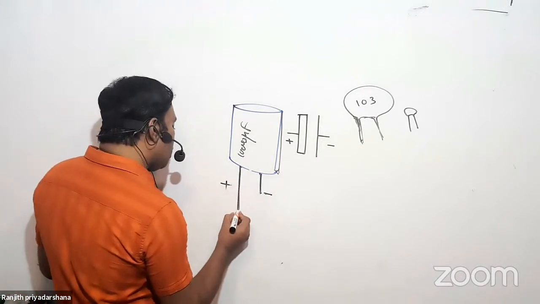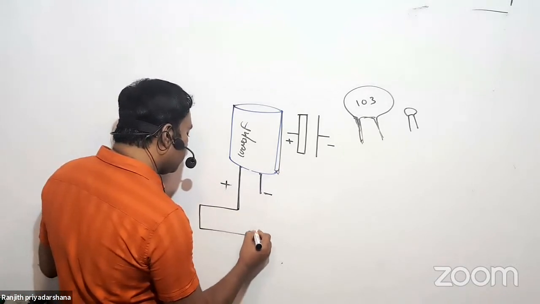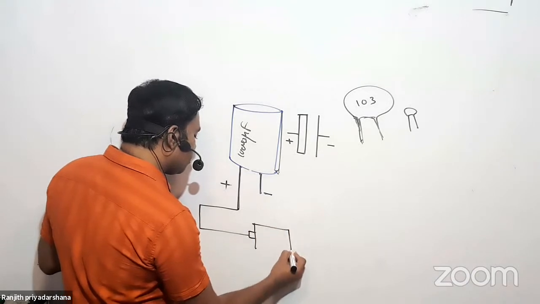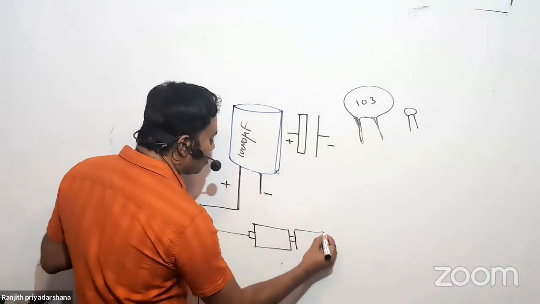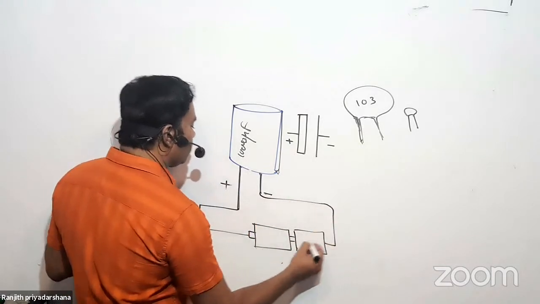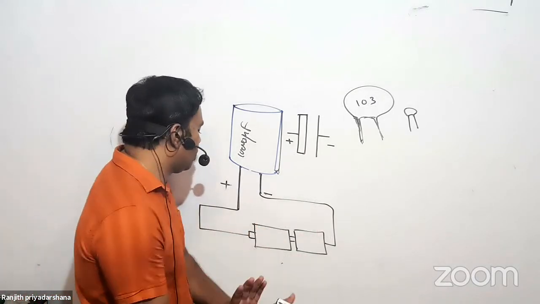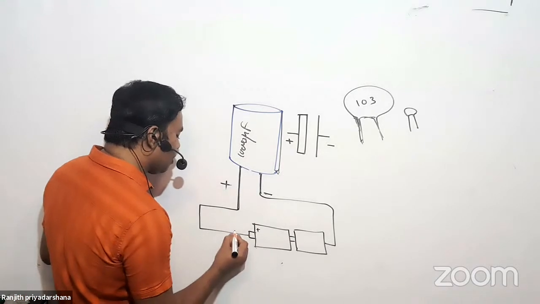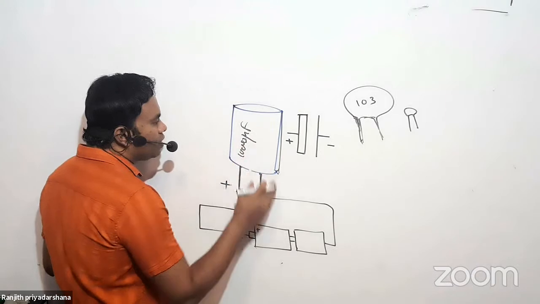When charging this, it is connected to a dry cell like this, or you can use dry cells connected in series to provide 3 volts. Then they have removed this. So this is the charging process. Electric current is moving to the capacitor. Now the capacitor is charging.